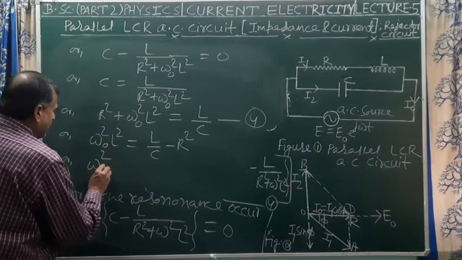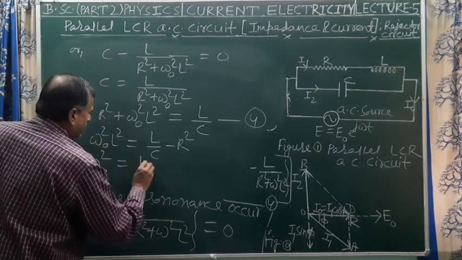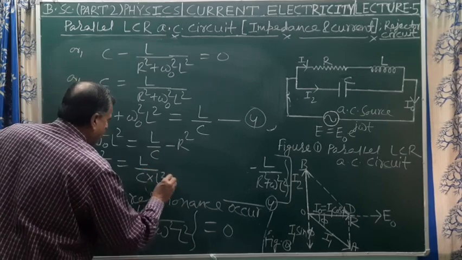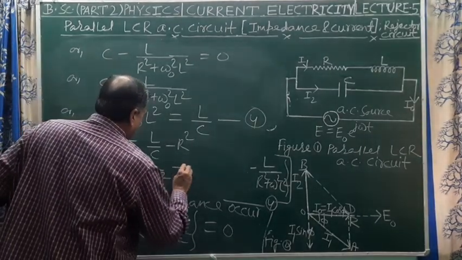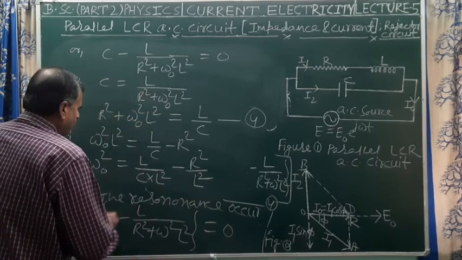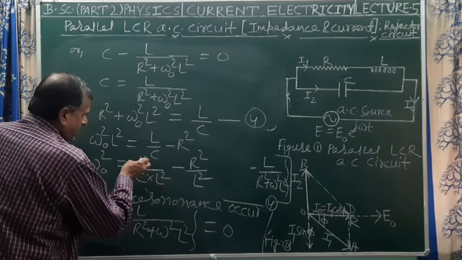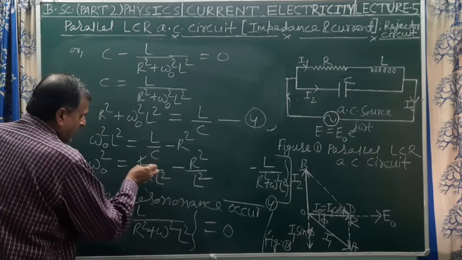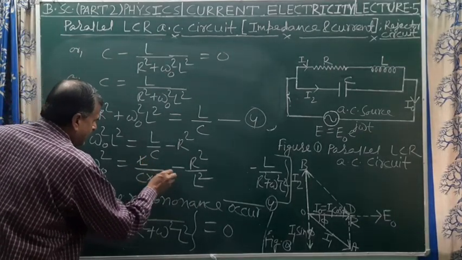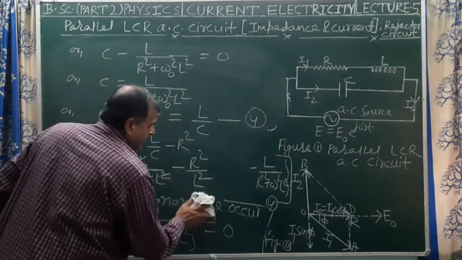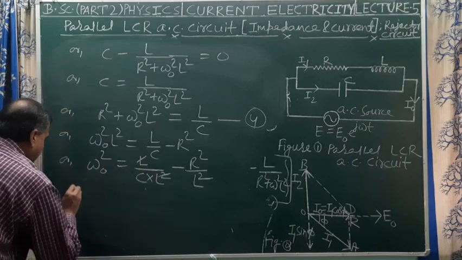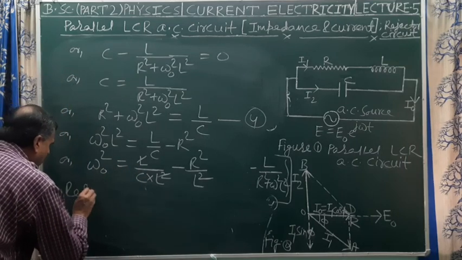We have omega naught square equals L upon C minus R square, dividing both sides by L square. L square will cancel out with L in the numerator, that is the first term in the RHS. So we will be left with 1 by omega naught.